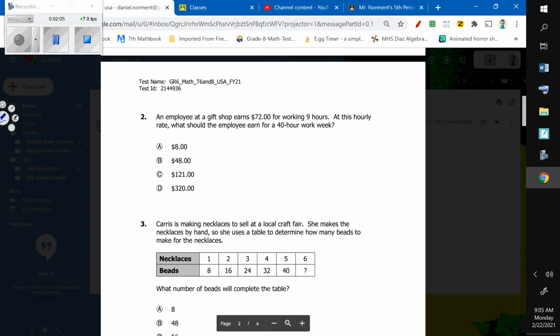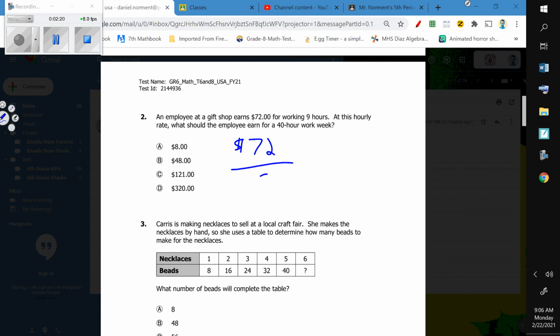$72 they earned for working 9 hours. At this hourly rate, what should the employee earn for a 40-hour work week? Okay, so there's 2 ways to solve this. One is you can set up a proportion. $72 for 9 hours. That rate, that ratio, and that's hours, means in 40 hours, how much money will be made.